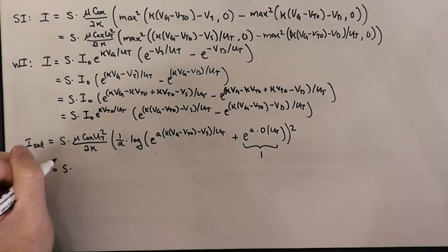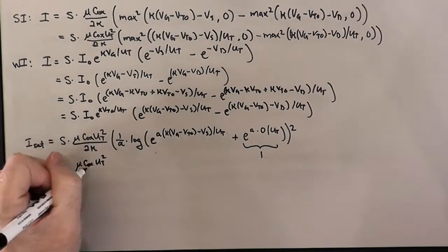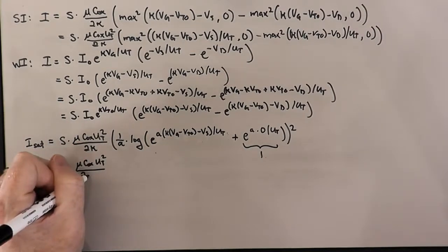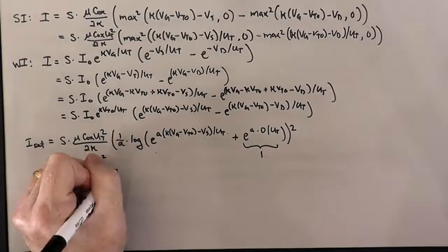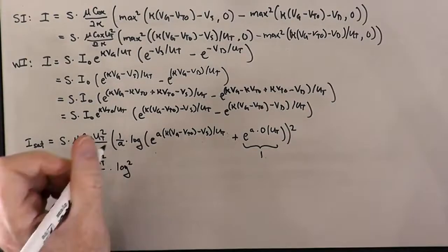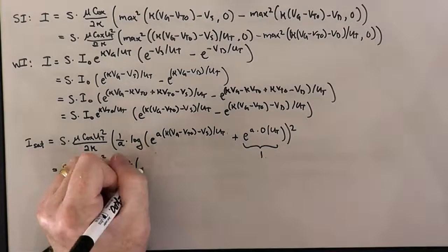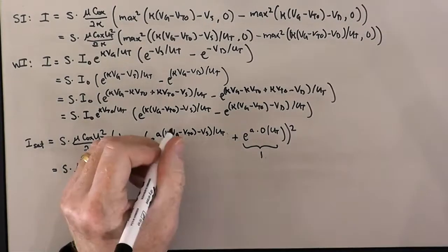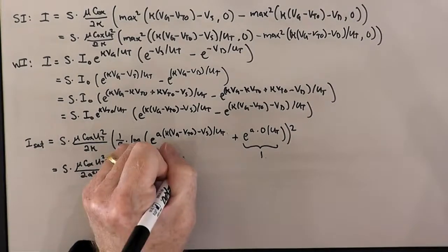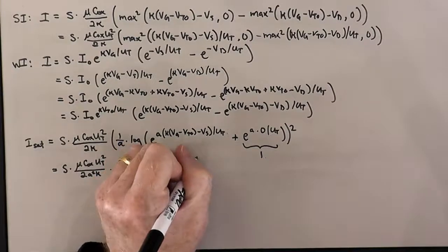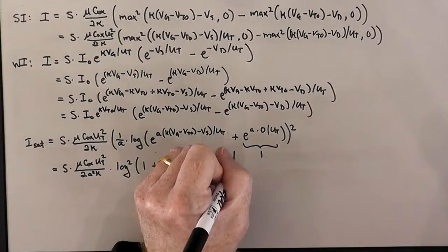So it's S times mu Cox Ut squared over 2 a squared kappa times log squared, like sine squared, and I'm going to put the 1 first: 1 plus e to the a times kappa Vg minus Vt0 minus Vs over Ut.